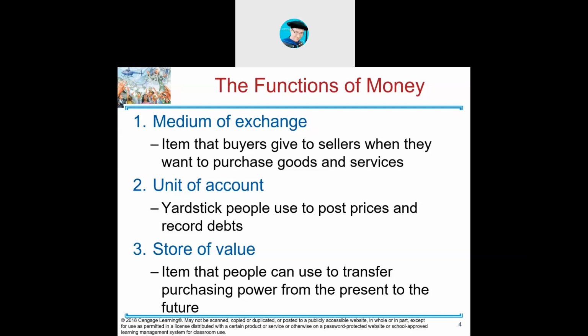It's the purchasing power, and we say it's from present to future. Why is that? Because a dollar tomorrow might not be the same value as a dollar today. It changes with a couple of different things. If you think about interest rate, which we explored earlier in this class, or things like inflation or deflation, those types of things have an impact on the value of each respective dollar that you have.